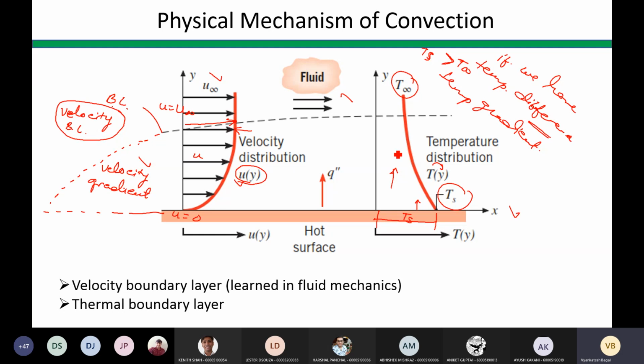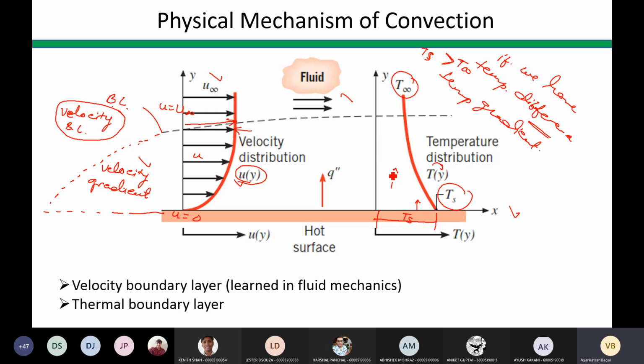So there will be heat transfer taking place from the wall to the surrounding fluid. And how will this happen? This will happen by convection, because we know that when a surface is in contact with a fluid, and if there is a temperature difference, then convection will occur. Is it clear?